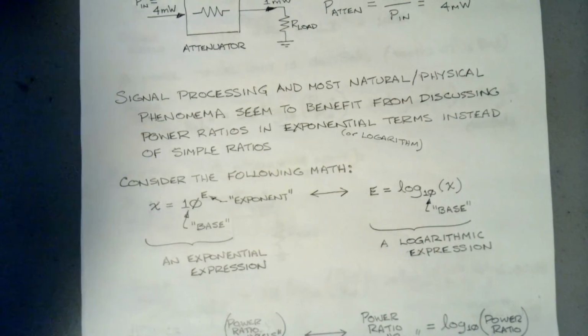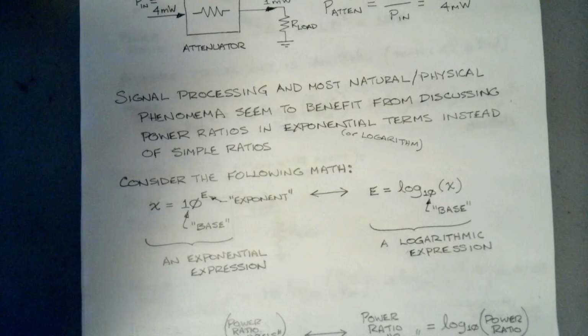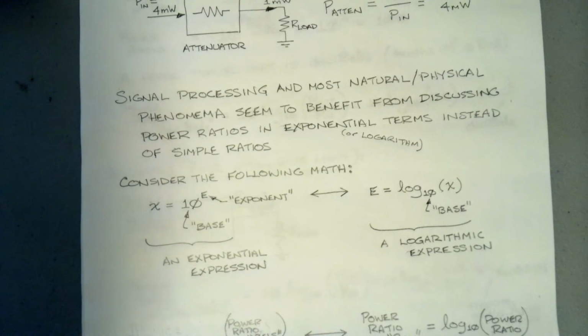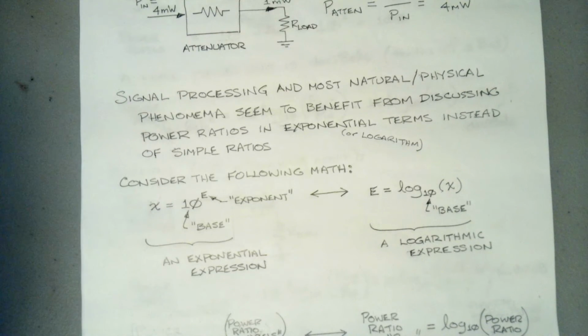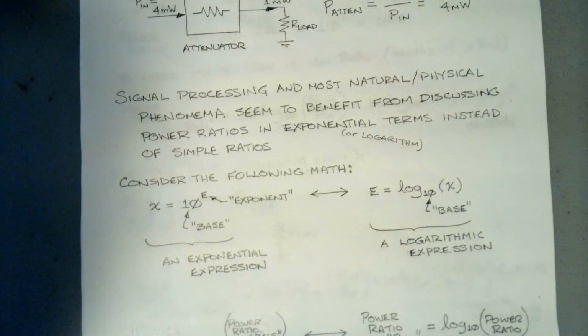And what this comes from is that typically, in order to get a larger effect in some natural systems, the amount of power that you need to add or take away seems to depend on how much power is already there. So if you want to signal somebody in the presence of a lot of loud noise, you need to put in a lot more power than if the environment were quiet.